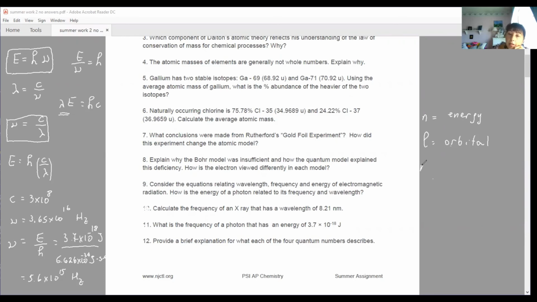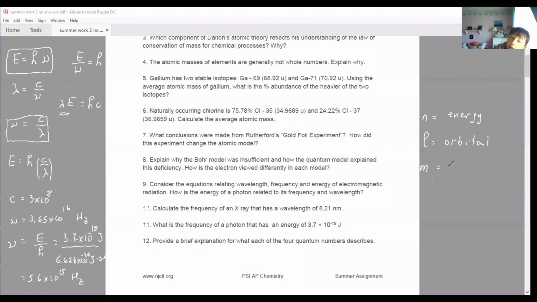Then you have the m number. m gives us the shape, or not just the shape, it tells us exactly in which part of the orbital, let's put it like that.